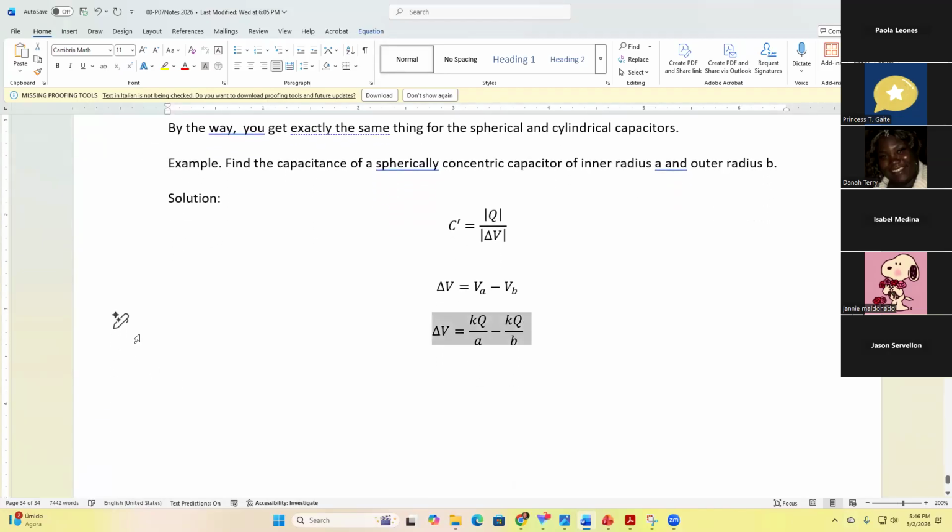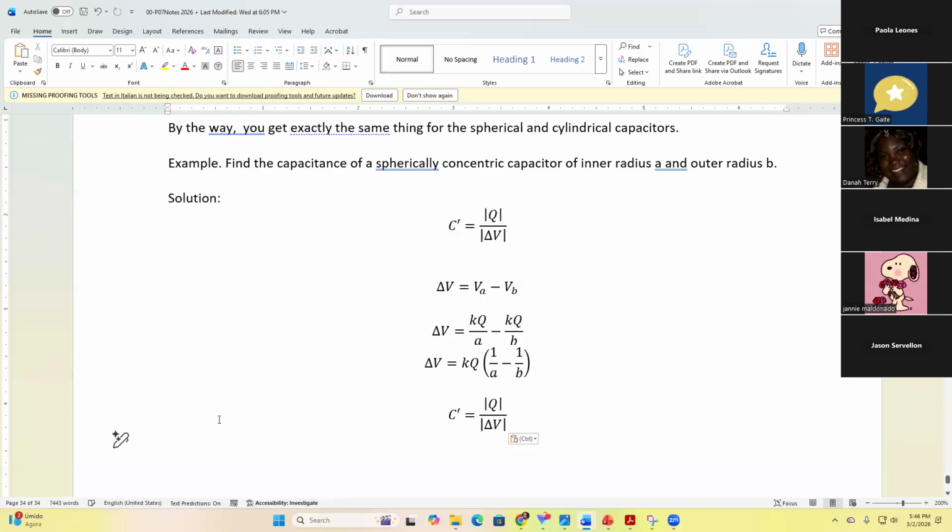KQ are common terms. I'm going to put my multiplication here. 1 divided by A minus 1 divided by B. Right? Here you go. And now we can start solving this problem.